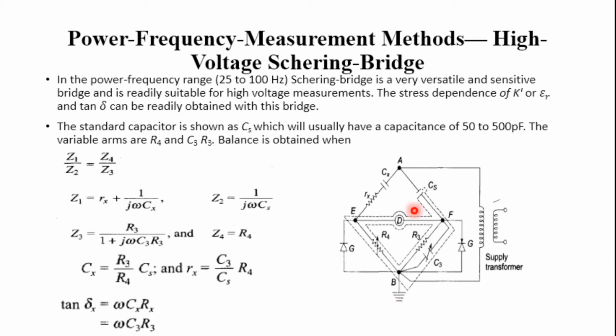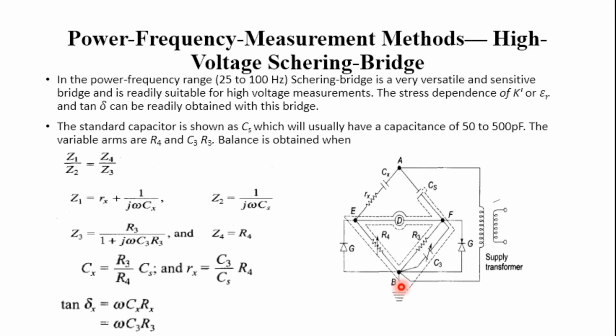In this bridge, the main source of error is the ground capacitance of the low voltage terminal of the high voltage arm, that is the stray capacitance from E to F to the ground. This can be eliminated by properly shielding the low voltage arm, using doubly shielded connections and using Wagner earthing devices.